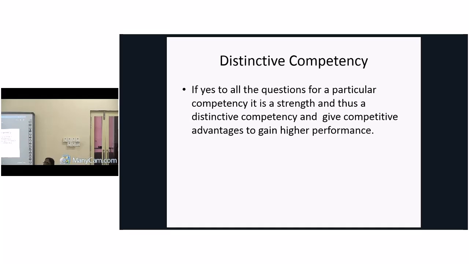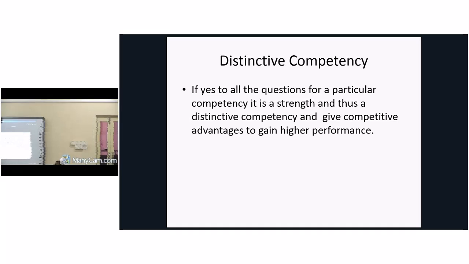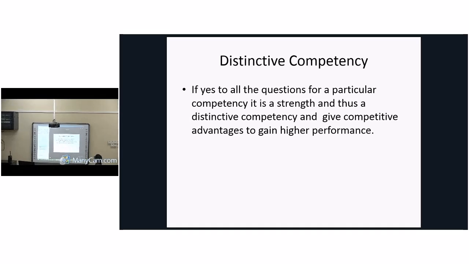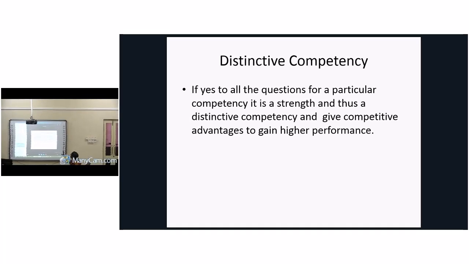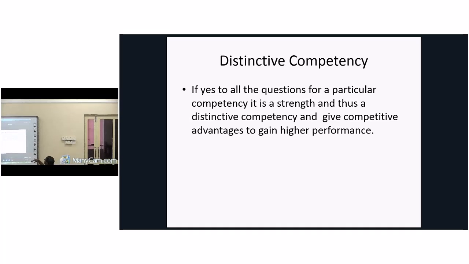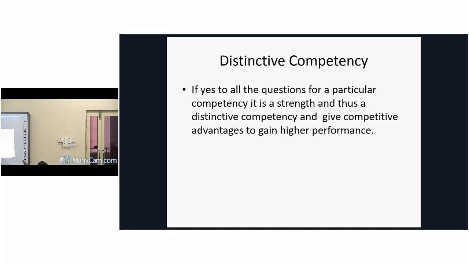Then that resource is distinctive to us, a distinctive competency. If yes to all questions for the particular competency, it is a strength and thus a distinctive competency and gives competitive advantages to gain higher performance. Up to that level you are okay.